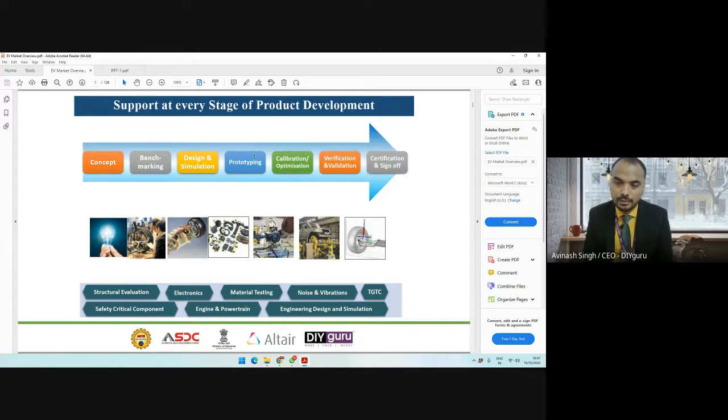So in the first half we will not cover more of electric vehicle, but rather the automotive industry.